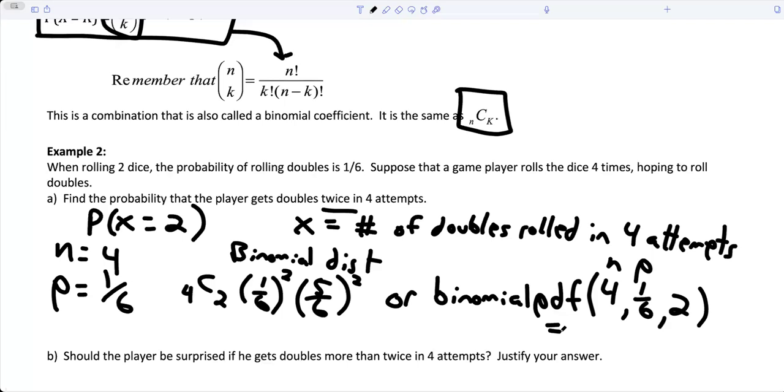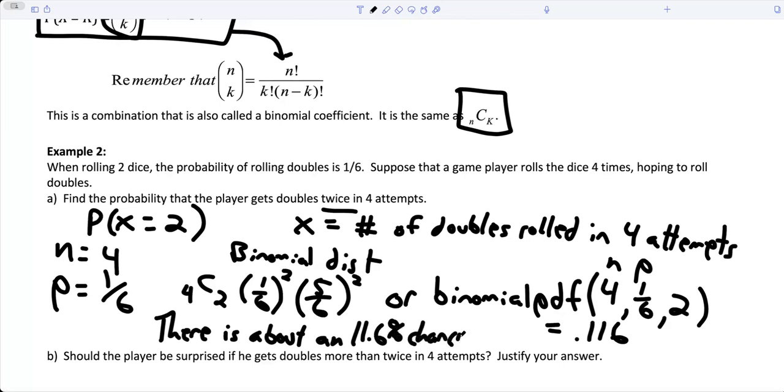What's that number? 0.116. And then let's write a conclusion and context. Okay, just quickly. So there is about an 11.6% chance of rolling 2 doubles in 4 attempts.